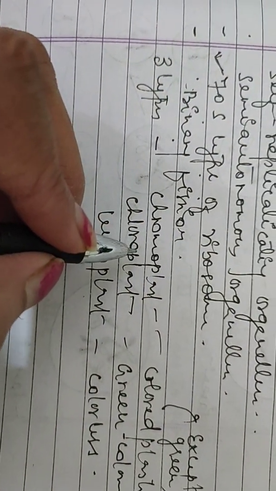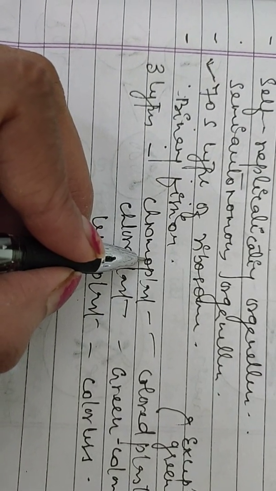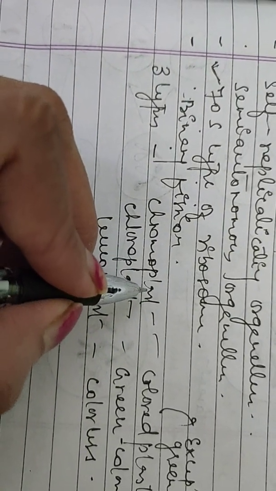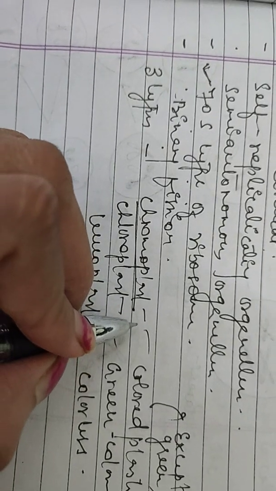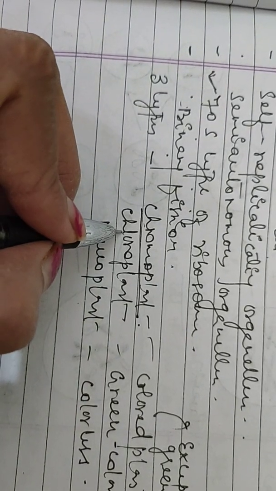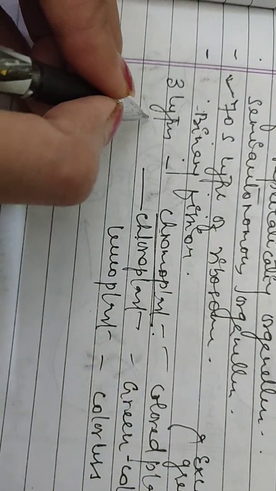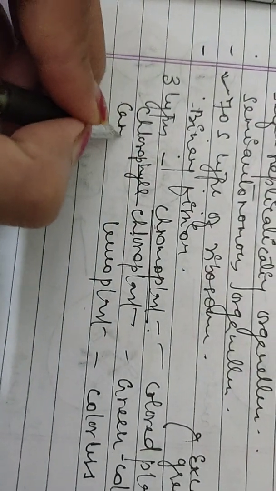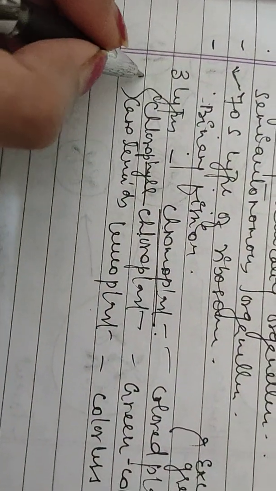So chromoplasts provide color to organs of the plant to attract pollinators. Chloroplasts are green plastids. They contain chlorophyll and carotenoids, which are types of pigments.